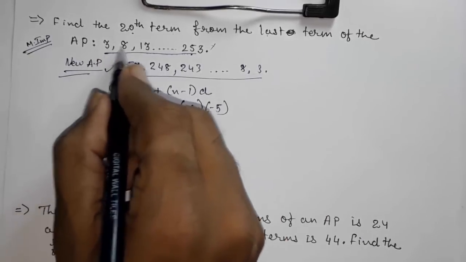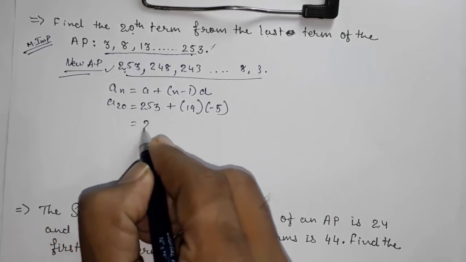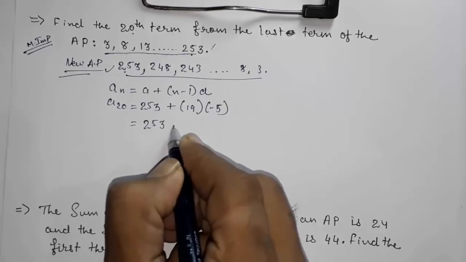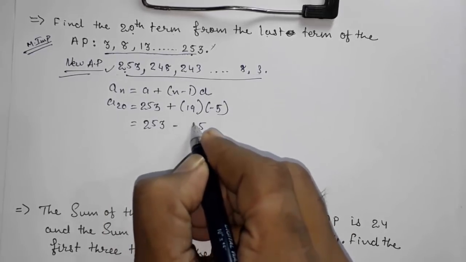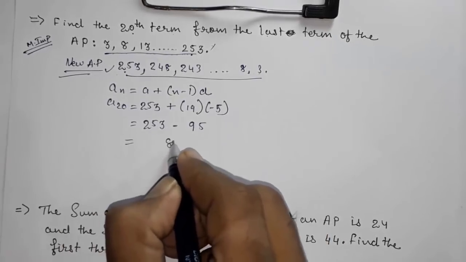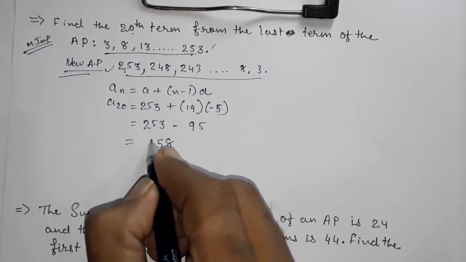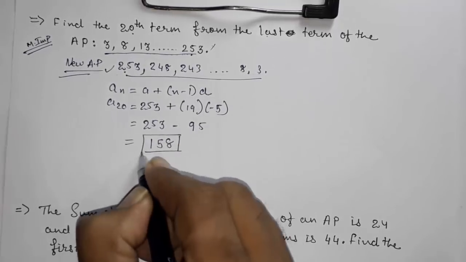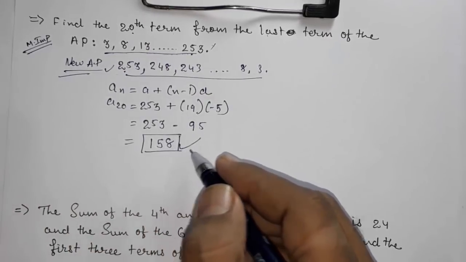Look here, it was plus 5 before, but now it becomes minus 5. 253 minus 95 is 158. So our 20th term from the last will be 158.